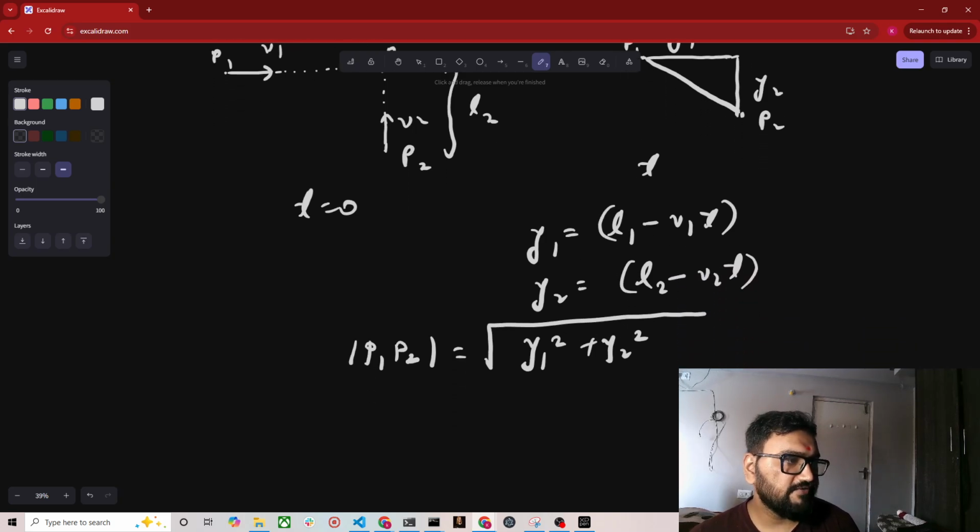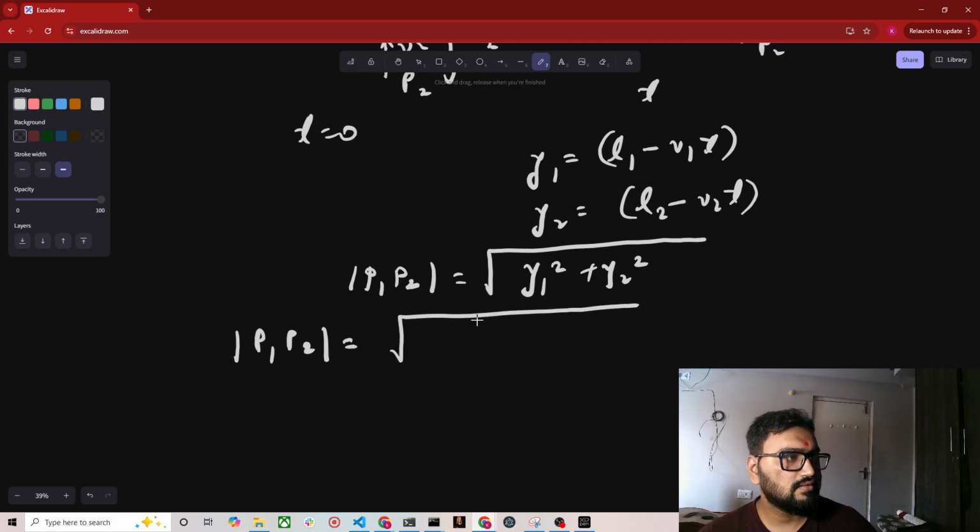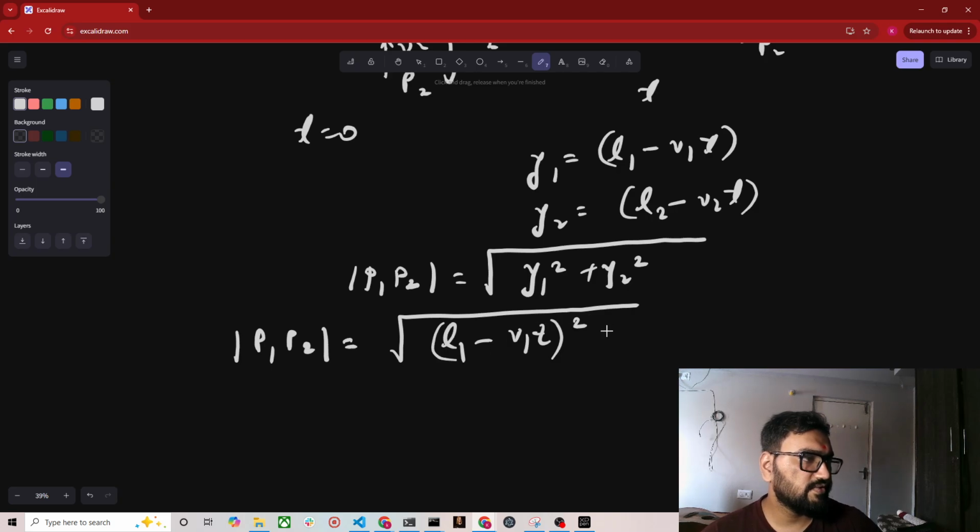So if I put in the value of y1 and y2 in this equation, I'll get P1P2 as root over (L1 minus v1t) whole square plus (L2 minus v2t) whole square.